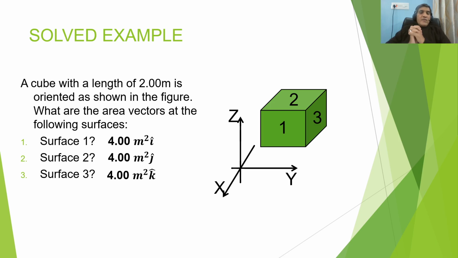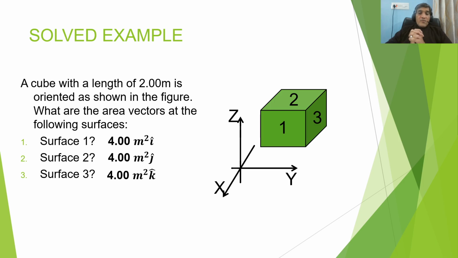Here is a simple example by which you can understand. We have three surfaces: 1, 2 and 3. The area of a surface is length into breadth. The length is 2 meter, so the area is 4 meter square.